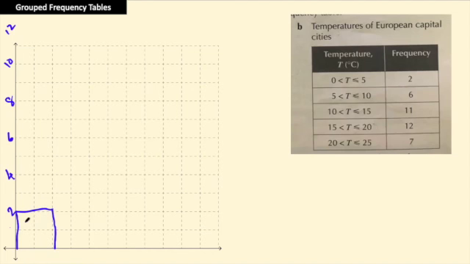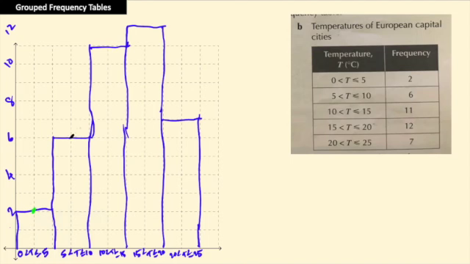The first interval is 0 less than t less than or equal to 5. The second one is 5 less than t less than or equal to 10. And the frequency is 6. And we can continue the same way.